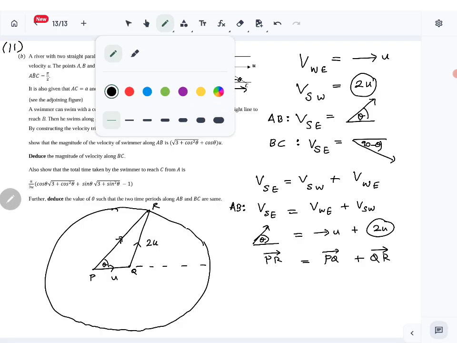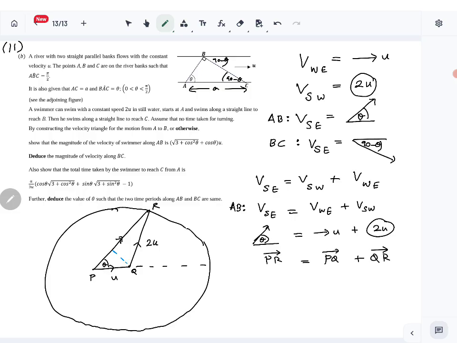So then let me use this triangle, PQR. Let me draw this perpendicular line and label it S. Now we'll use the triangle PQS and find PS.